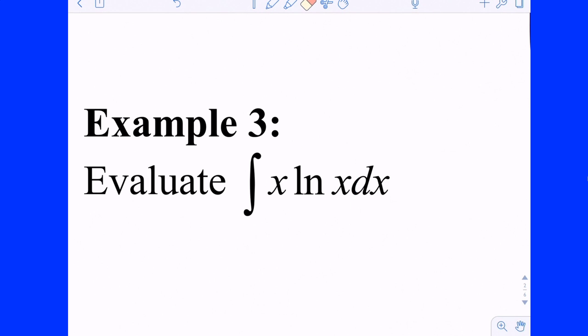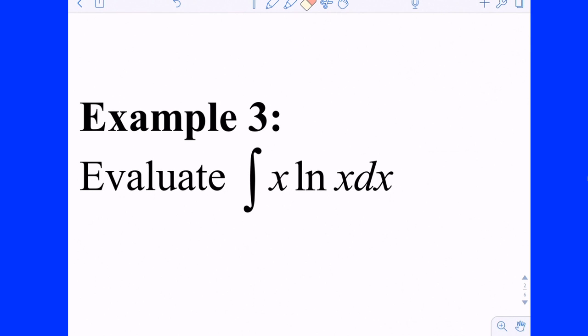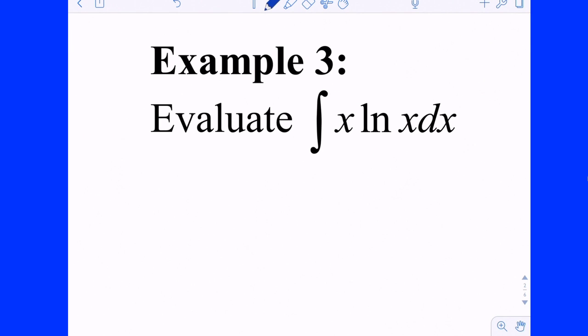I can't call x u like I would like to, because I would have to find the antiderivative of ln of x, and I don't know it. So this would be the exception to that rule of thumb: let your power of x be u. It's forced to be the other one. So we have to let u equal the natural log of x, and we have to let dv equal x dx.